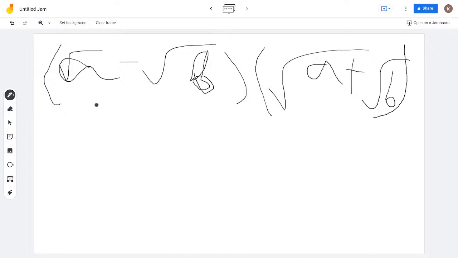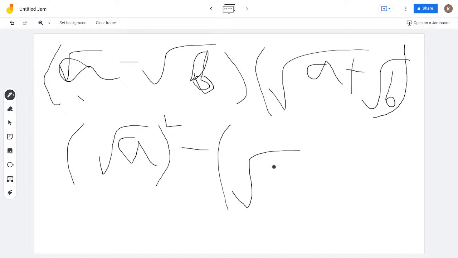So what we can see is that a plus b times a minus b is having an identity, that a square minus b square. So here it is root a whole square minus root b whole square. Okay. Is it? Yes. So it is equal to a minus b.